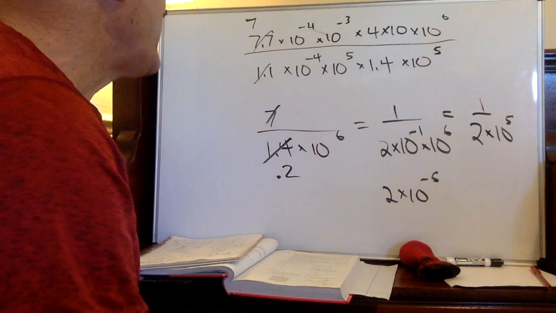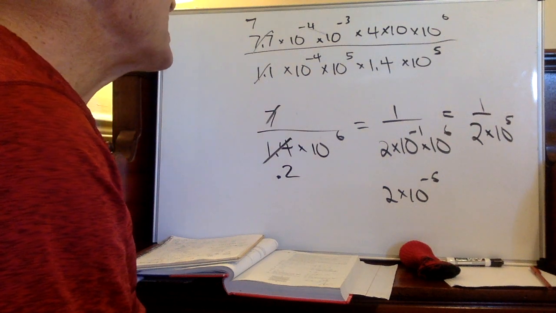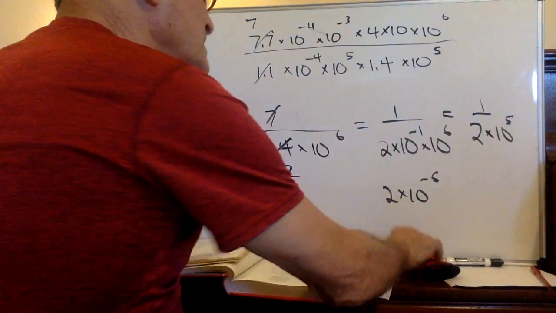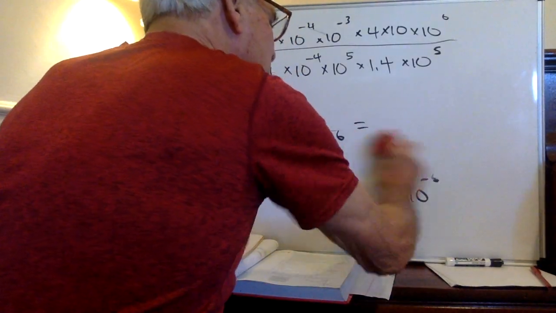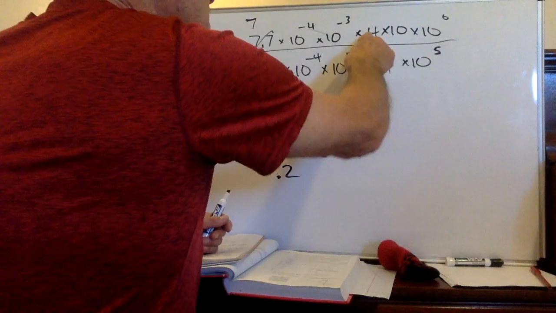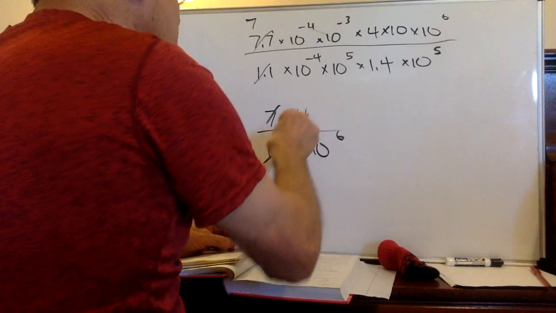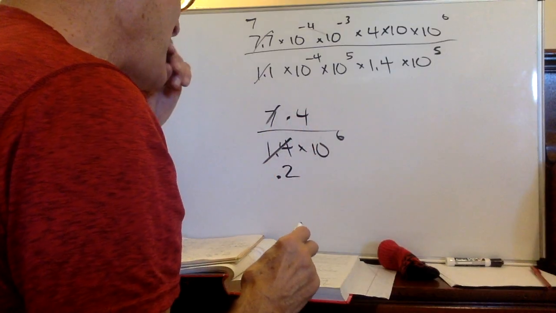I think I left something out. I'm missing something. Ah, I see it. I'm sorry, I left that out. My numerator becomes 7 times 4. There's a 4 there.